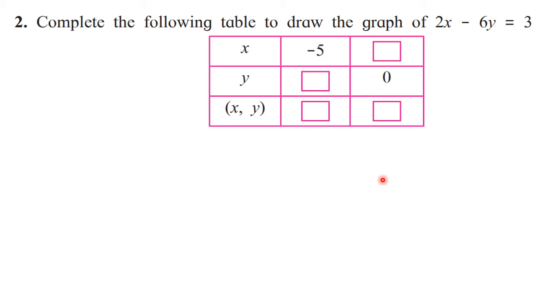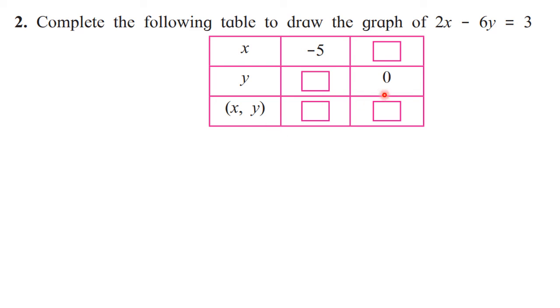If you have subscribed to the channel of our school, that is NGV and Standard 10 channel, you will find that all the videos are there. And if you have forgotten this method, you can go and watch that video again so that you can understand how to solve the simultaneous equations graphically.